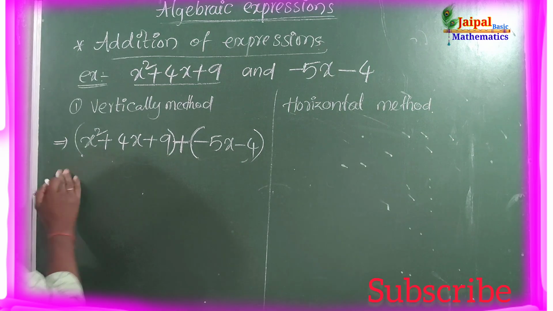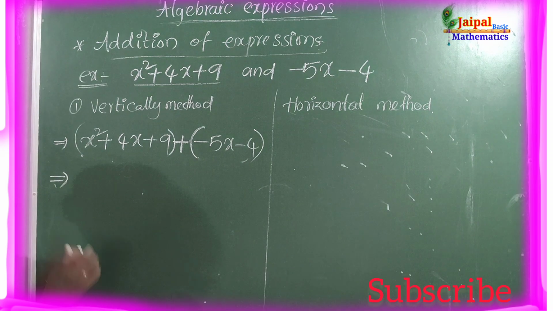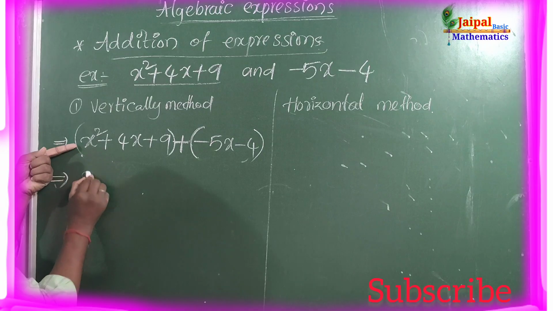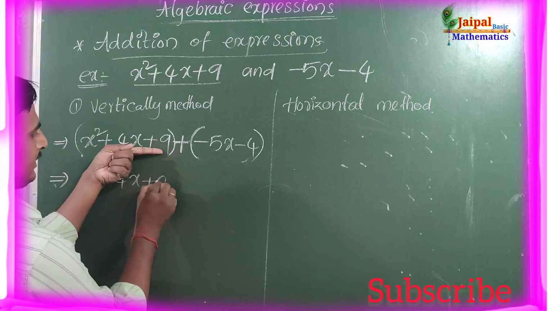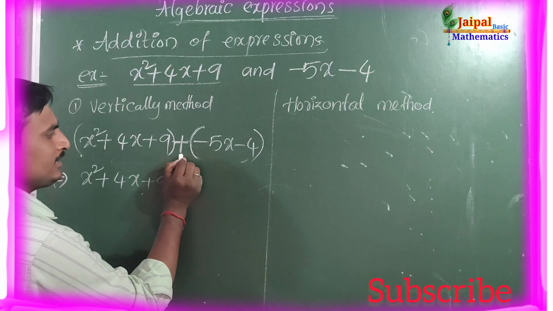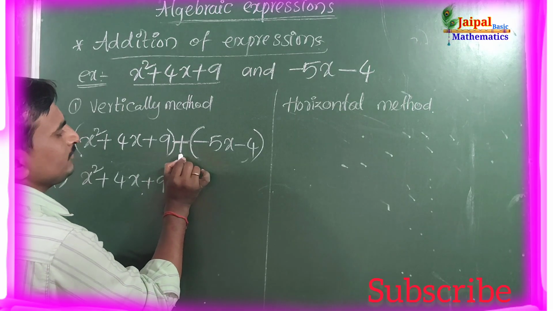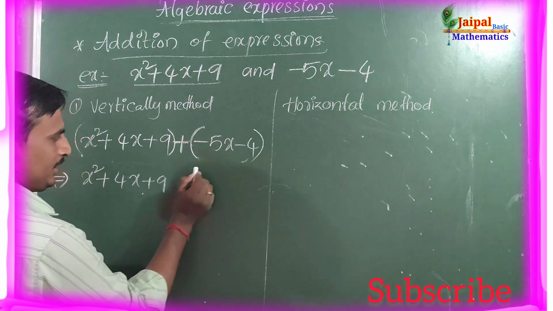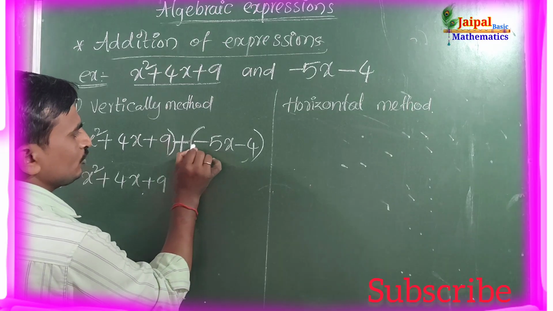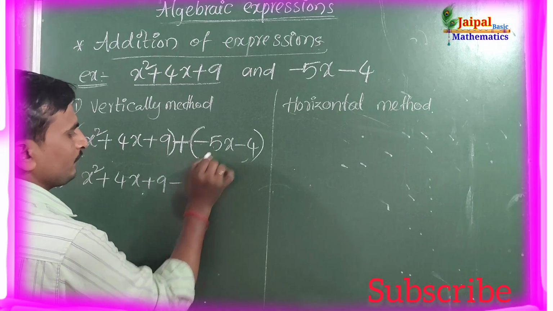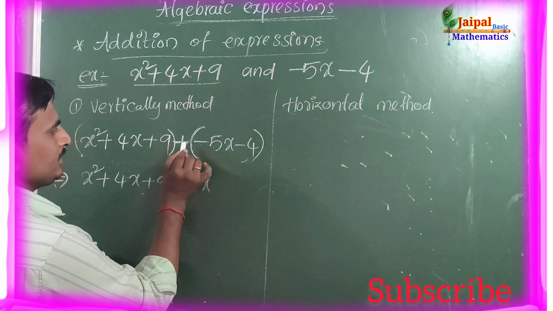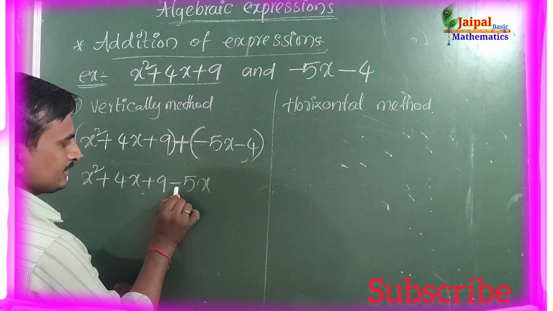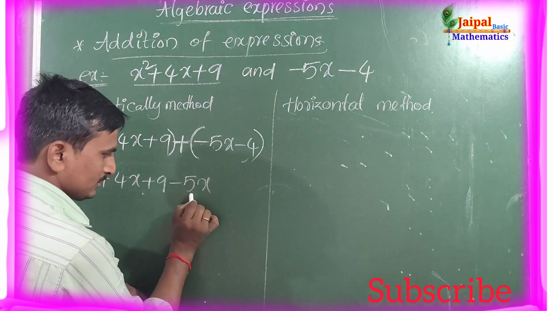So here the integers rule will be applied, so try to understand. Here x square write the same, plus 4x write the same, plus 9 write the same. Here plus is doing the simplification inside: plus into minus 5x. Have you got it? Plus into minus 5x over.